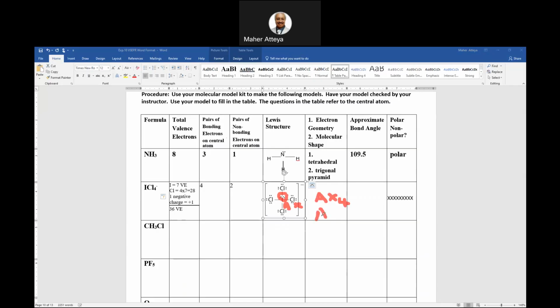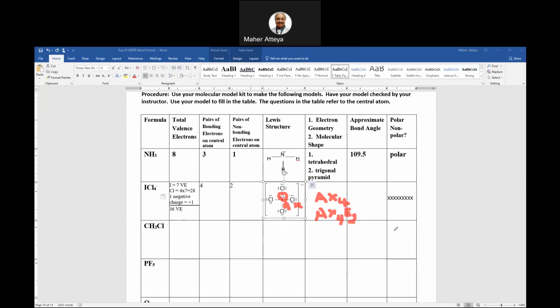For this one here, AX4 and then E2. Correct? Are you following me? 4, 5, and 6.